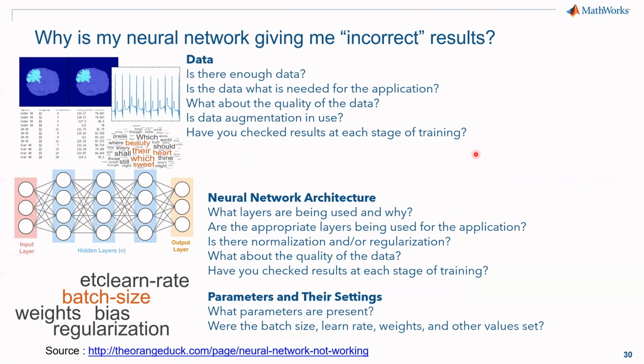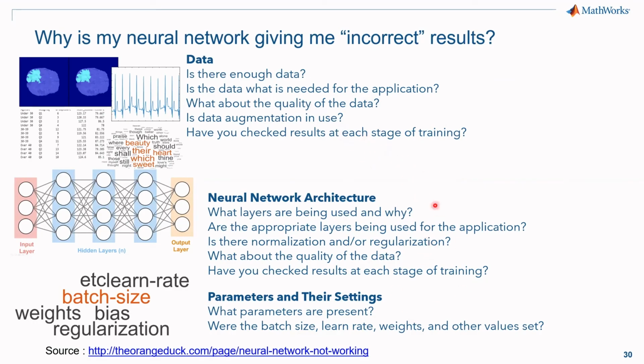Think a bit about augmenting the data and the quality of your data. Did your noise reduction work as well as you'd hope? Did your combination work as well as you hoped? Did your image enhancement work as well as you hoped? Then you can check results through the experiment manager.